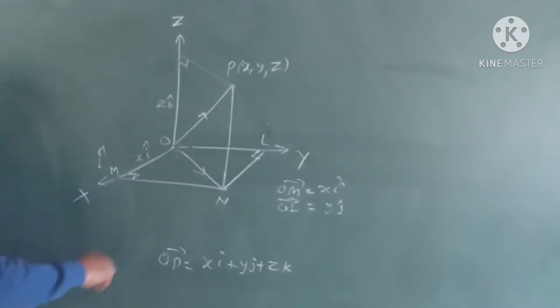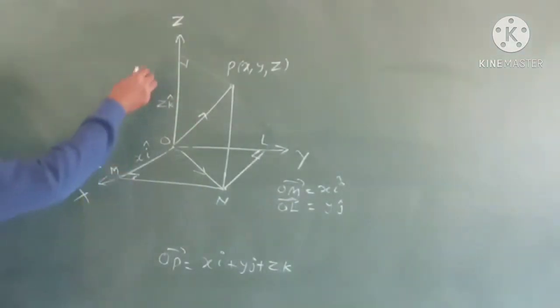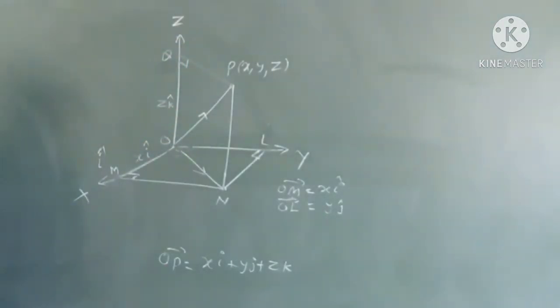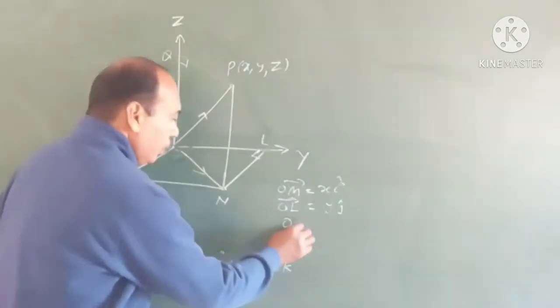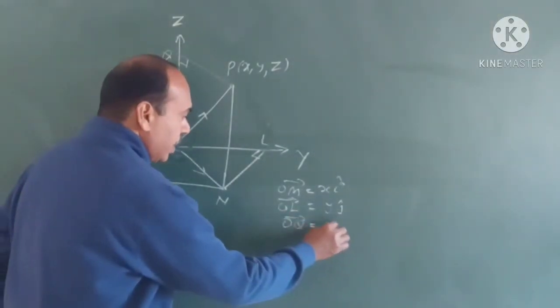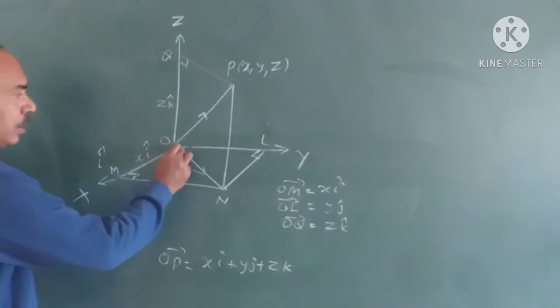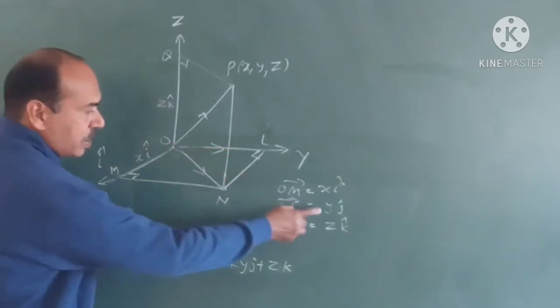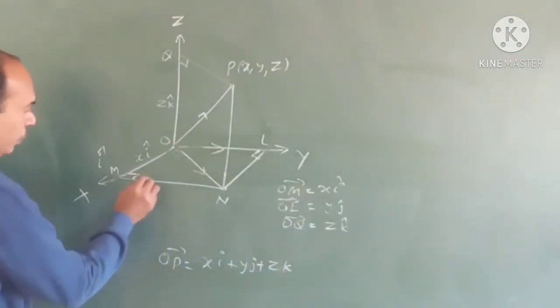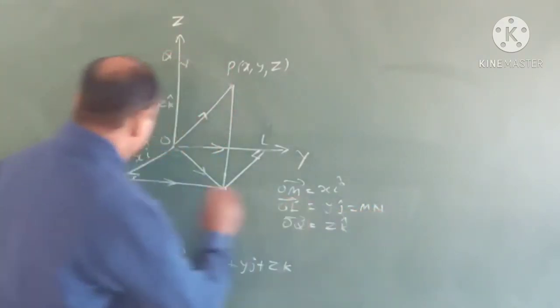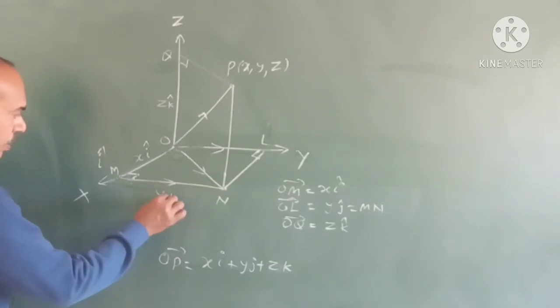Suppose there is one more point, and suppose this is Q. So OQ is z k cap. First see in this figure, OL is y j cap, so MN is also y j cap.